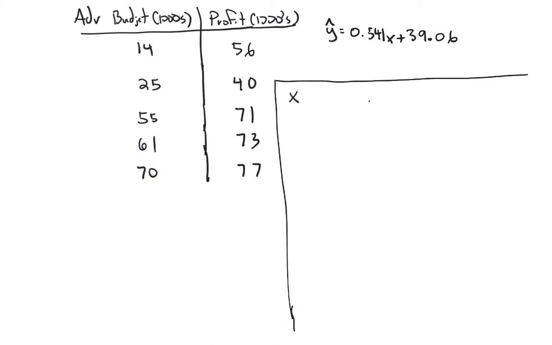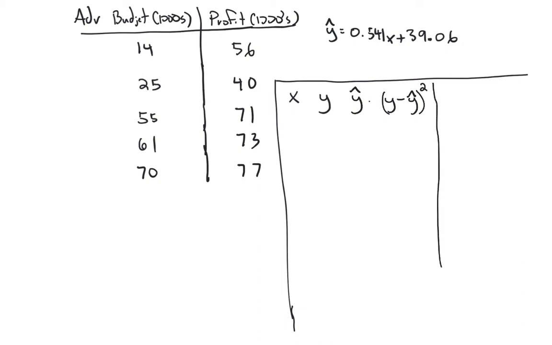I'll have our x value, we need our y value, we need our predicted y, and I'll leave a column out. We need the difference between our actual y and our predicted y, and I'll just square it right in the table.